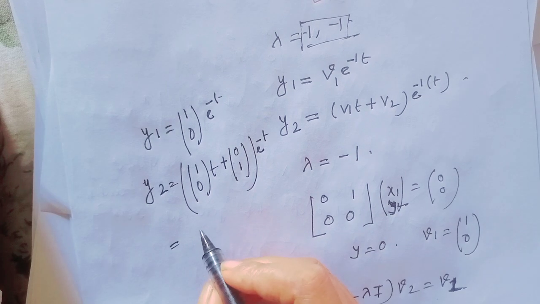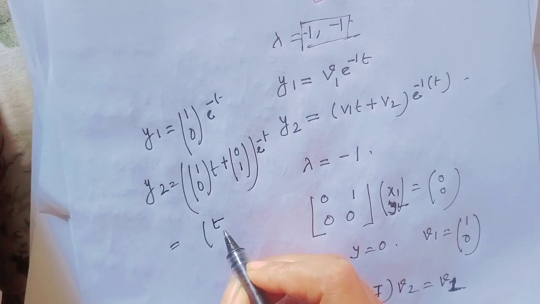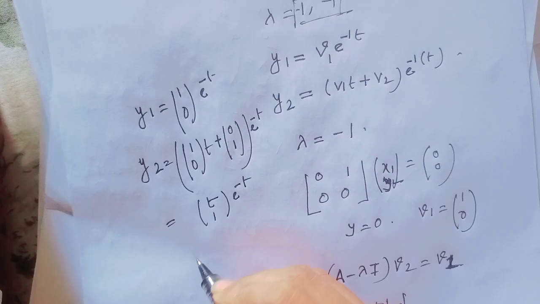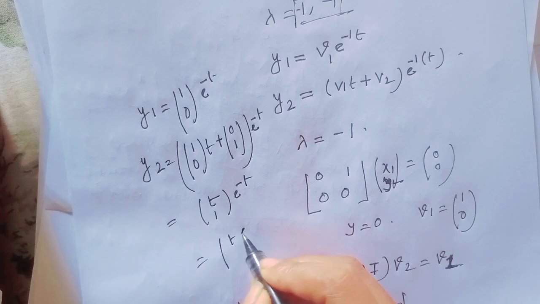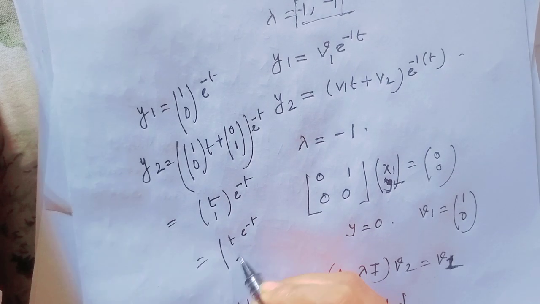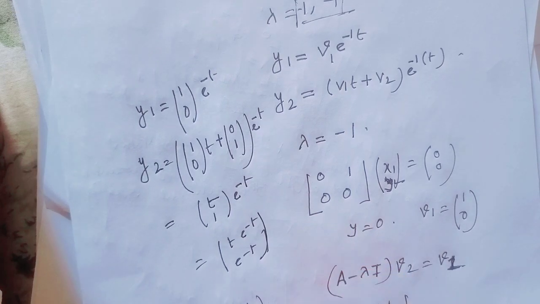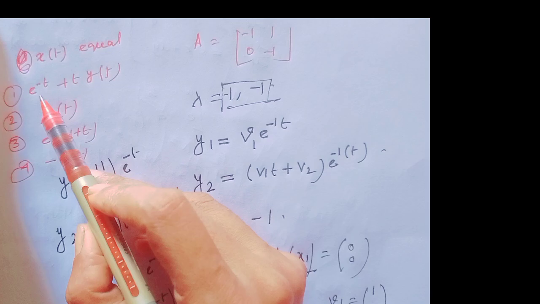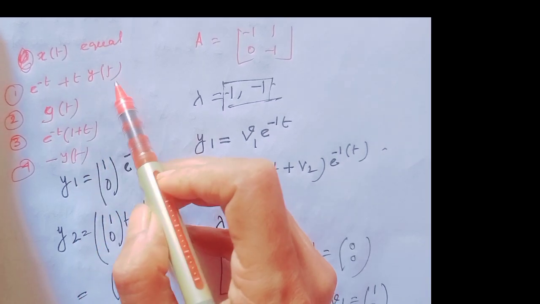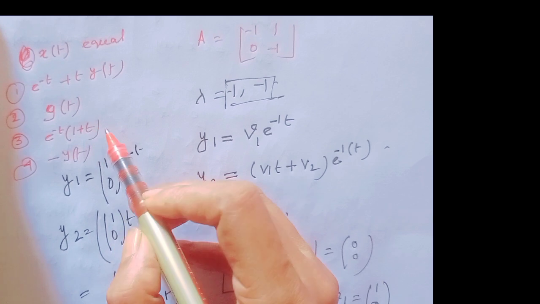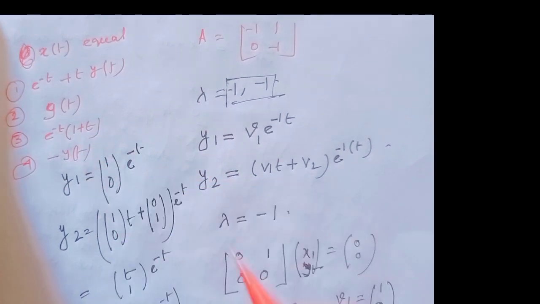That means y2 equal to [t, 1] e to the power minus t. Now notice the options given: x(t) equal to, option 1, e to the power minus t plus t y(t); option 2, y(t); option 3, e to the power minus t times (1 plus t); and option 4, minus y(t).